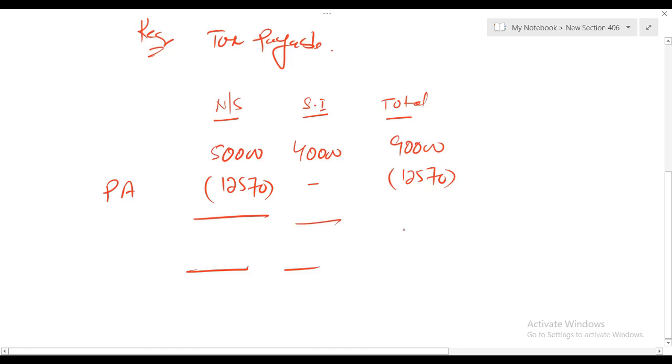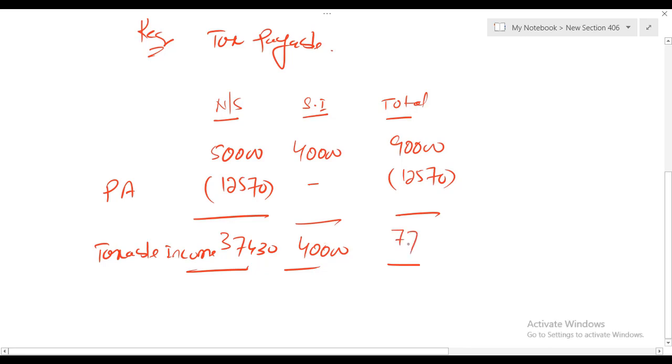So here we'll have the taxable income: 50,000 minus 12,570 gives 37,430. Here I'm getting 40,000.